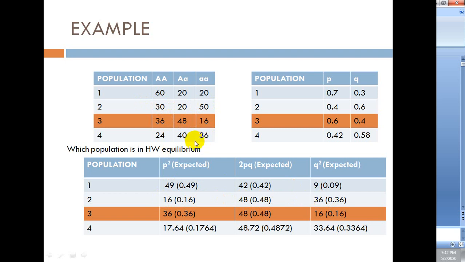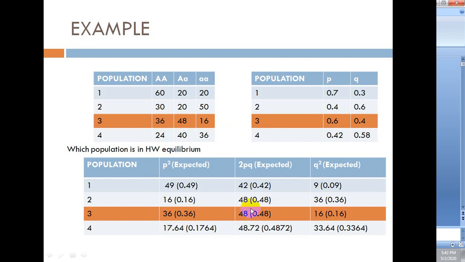Now coming to the third one. In the third one also you will find the p and q values are 0.6 and 0.4. So if p is 0.6, the expected genotype frequency will be 0.36 for the homozygous dominant genotype. So the number of individuals should be 36, which is exactly what we observed.